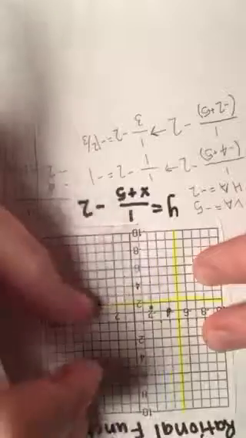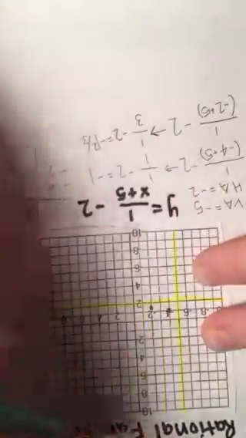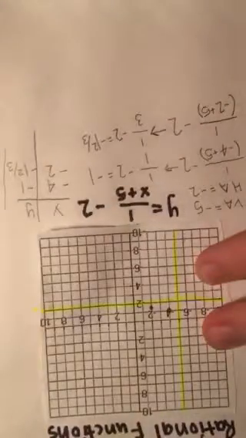So when graphing the upper portion of your rational function, you know that it can get close to the vertical asymptote of -5 and the horizontal asymptote of -2, and it also goes through these two specific points.